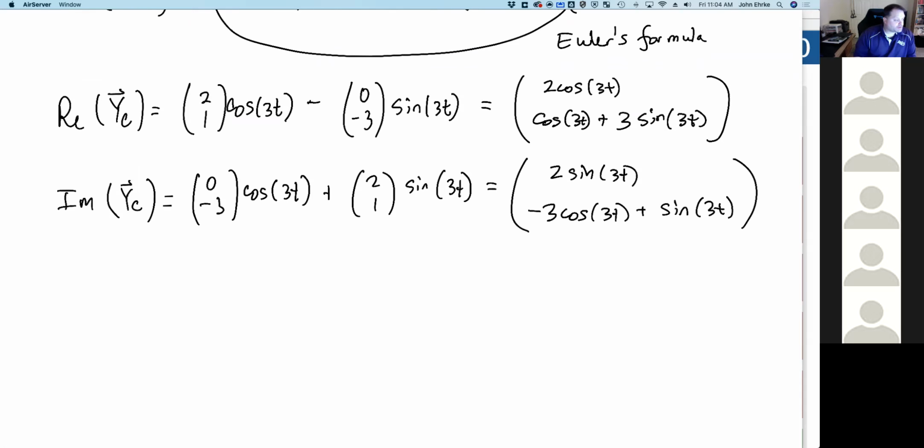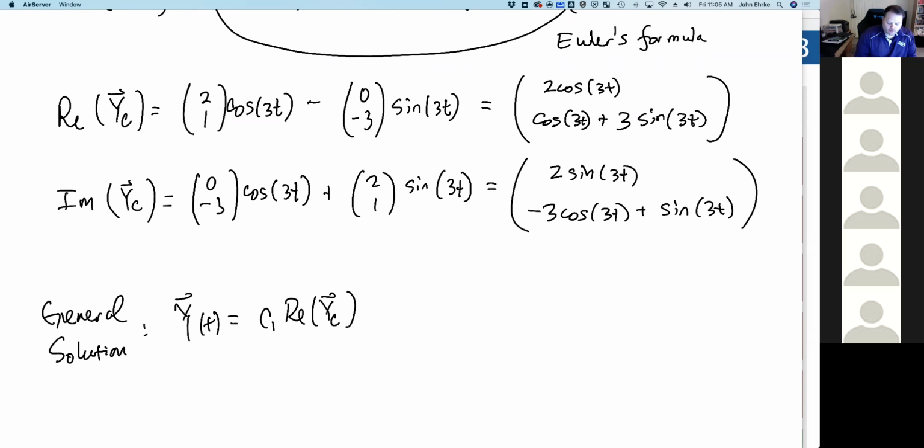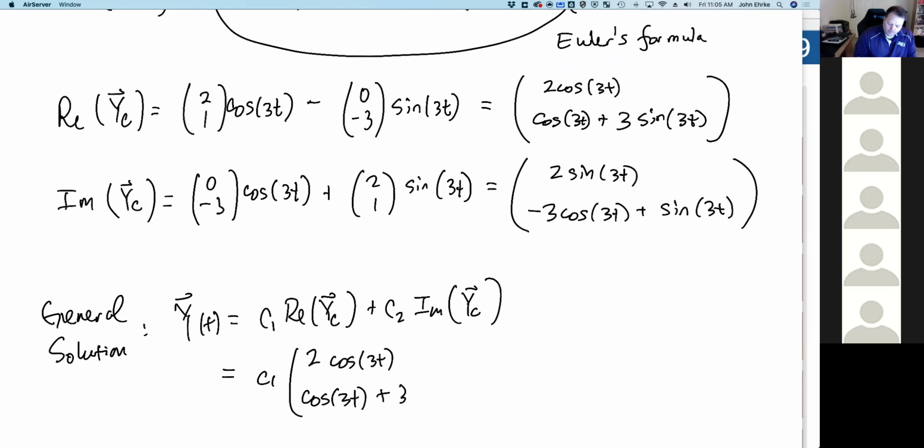So those are my two real solutions, which means that the general solution here is a linear combination of the real part and the imaginary part of the complex solution, which is C1 times this first vector and C2 times the second vector.